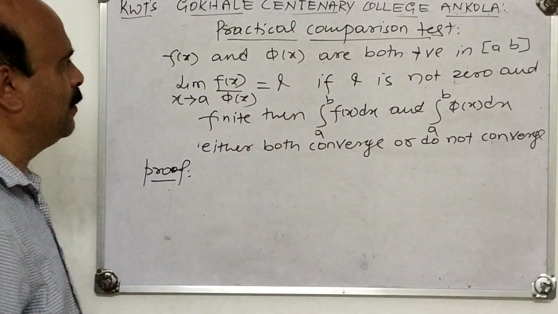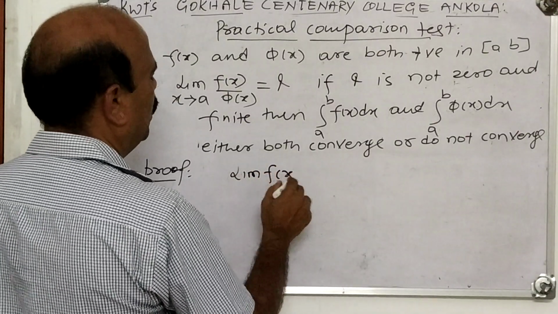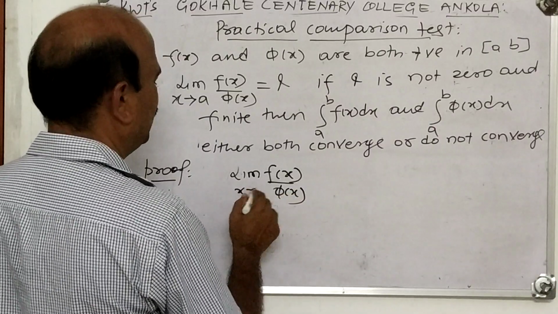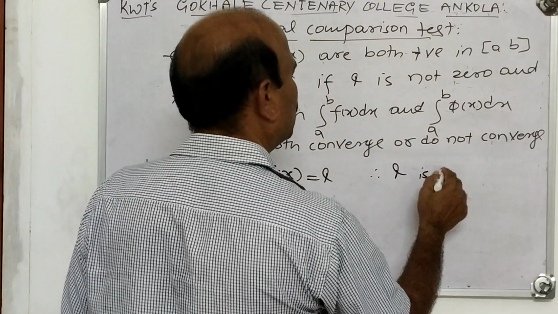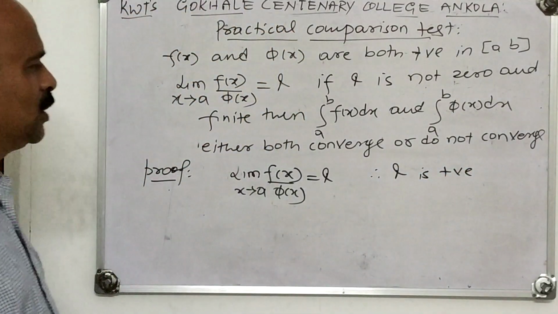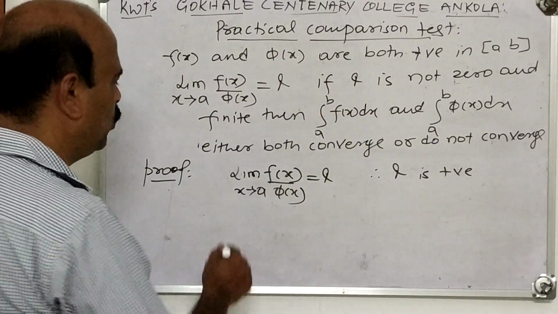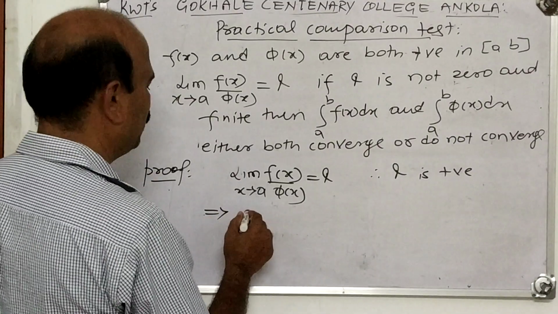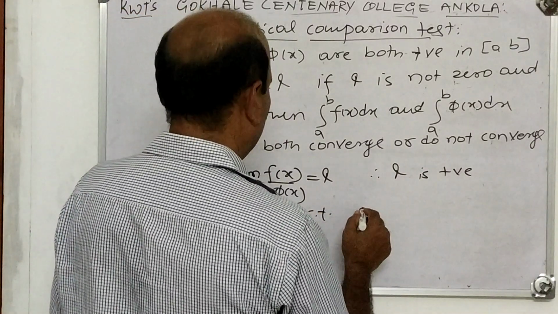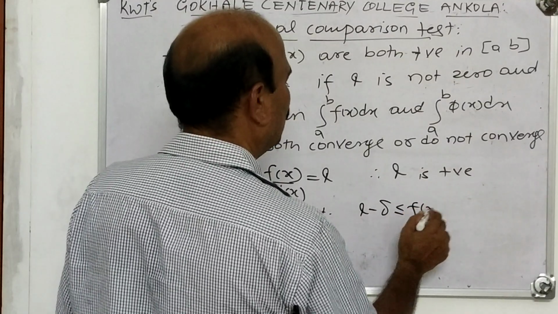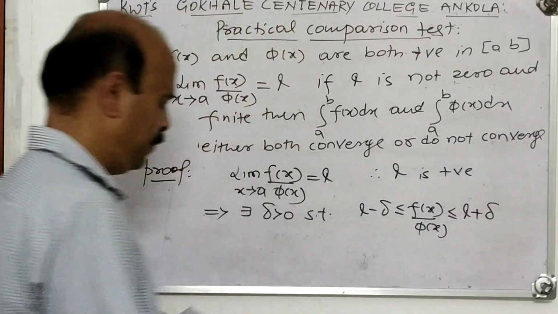Now to prove the theorem, this practical comparison test, what is given? The limit of f(x)/φ(x) as x tends to a is equal to L. Therefore L is positive here, because both f(x) and φ(x) are positive. What does this imply? This implies there exists δ greater than 0 such that L minus δ is less than or equal to f(x)/φ(x), which is less than or equal to L plus δ, correct?